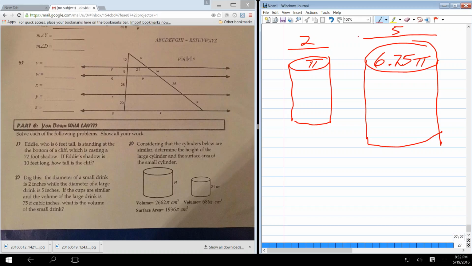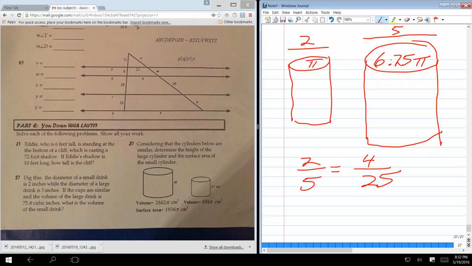The moment you go from a linear similar factor to an area, it's the square. In other words, it's 2 is to 5 as 4 is to 25. This area relationship is 4 is to 25, which is the same as 1 is to 6.25.